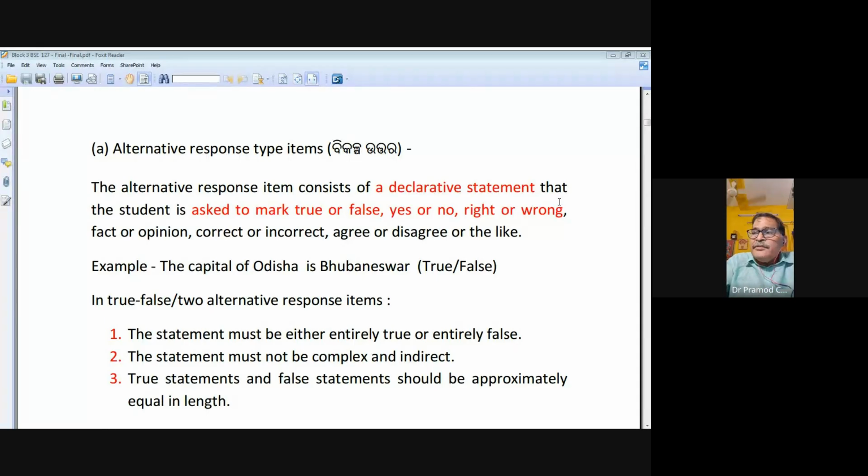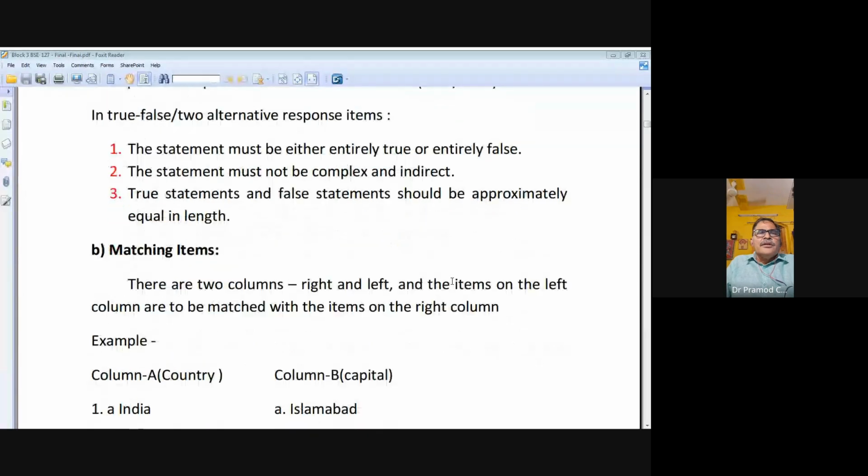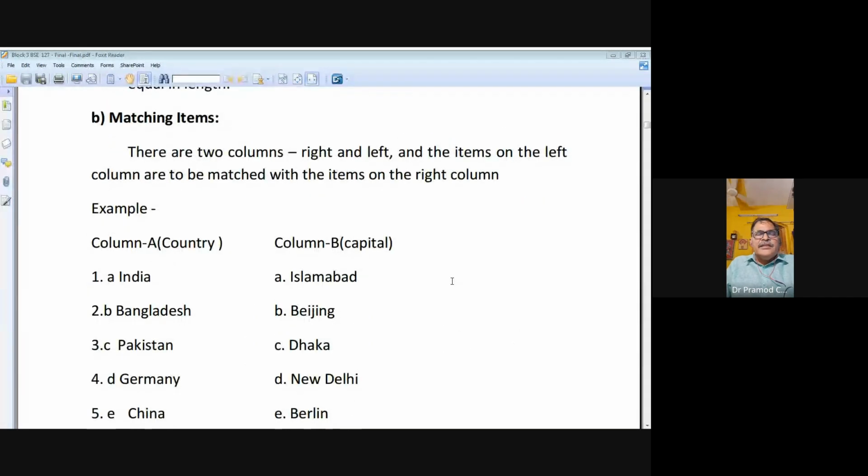गोटे डिक्लेरेटिव स्टेटमेंट आमको दबाक पड़ो से आमको मार्क करने पड़ो ट्रू और फॉल्स yes or no right or wrong. The capital of Odisha is Bhubaneswar, yes or not, yes or no, true or false, we can give the answer. But when we are concerned with the matching the items, that means here we will have to match column A and also column 2.